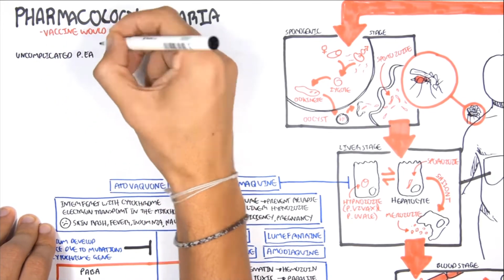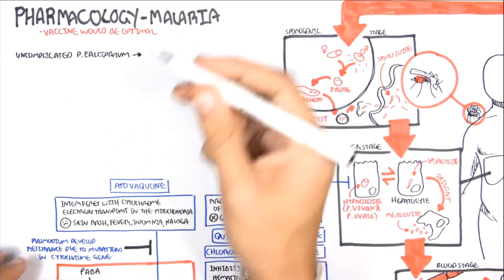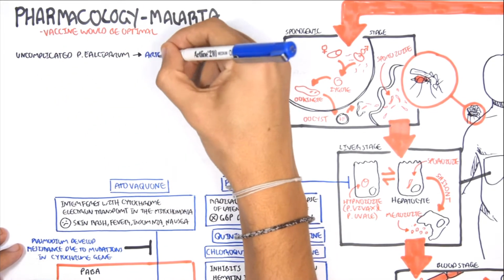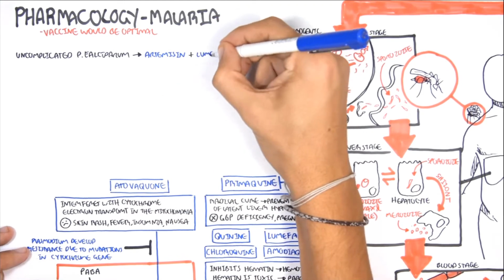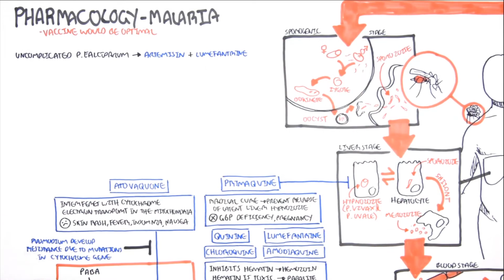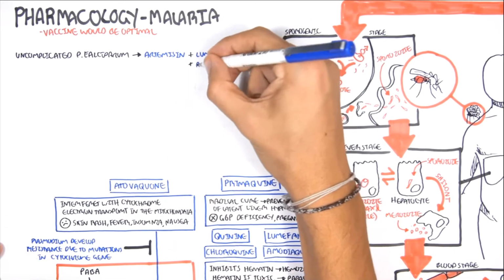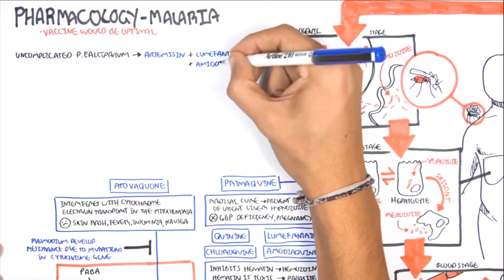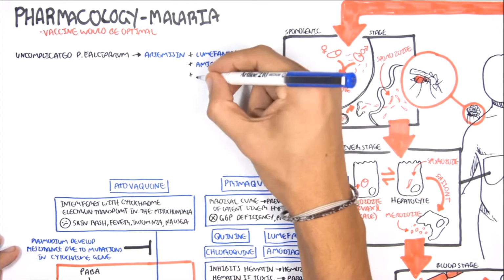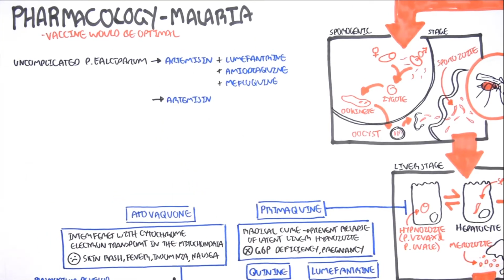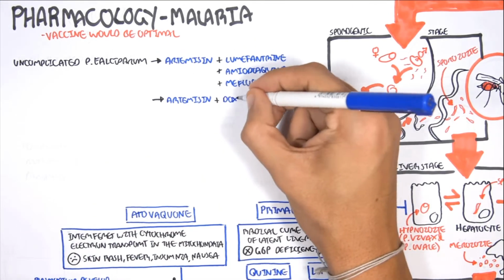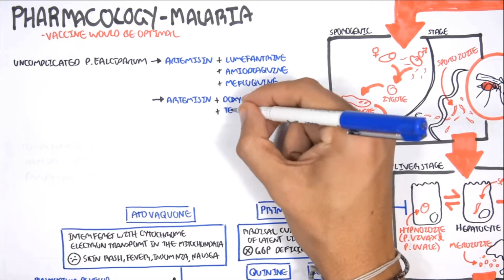So for uncomplicated P. falciparum malaria, we would give a patient artemisinins plus a quinolone, such as firstly lumefantrine, or if not lumefantrine, we would give them another type of quinolone. Or if we can't give them the quinolone, we would give them artemisinins plus a protein synthesis inhibitor such as doxycycline or tetracycline.